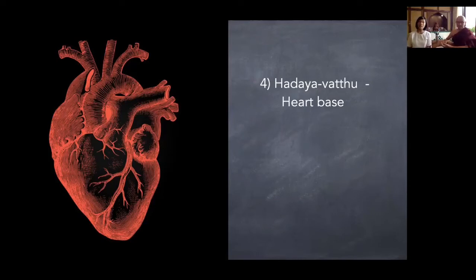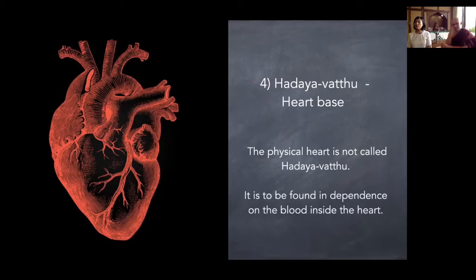Like all the other physical matter, the physical heart itself is not Hadaya Vatthu. It's not the whole physical heart, but some kind of matter which is to be found in dependence on the blood inside the heart, is how the teachers describe where it is.